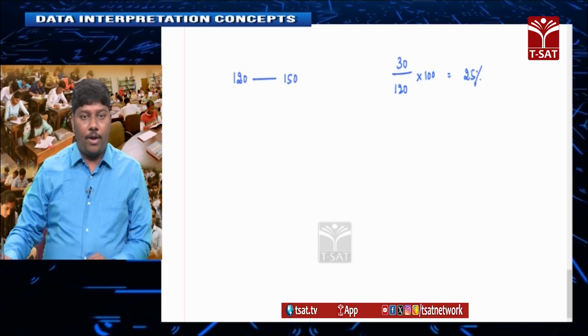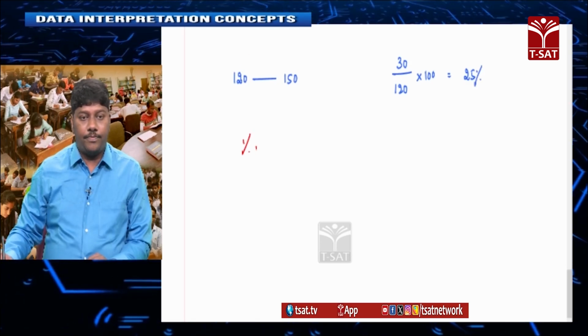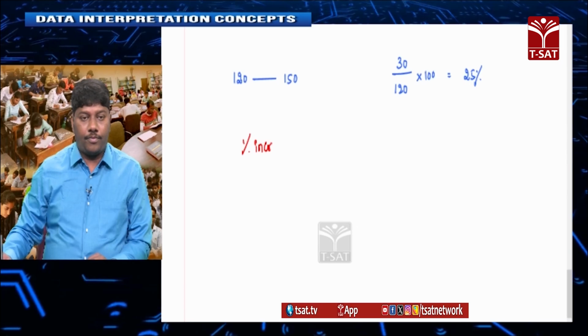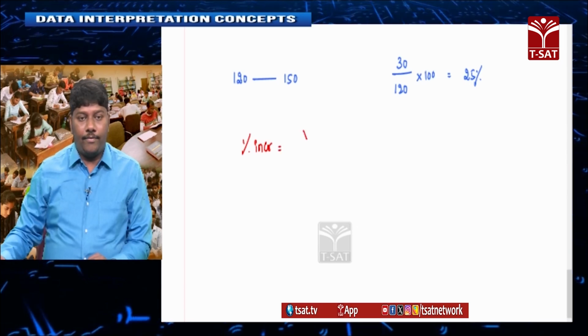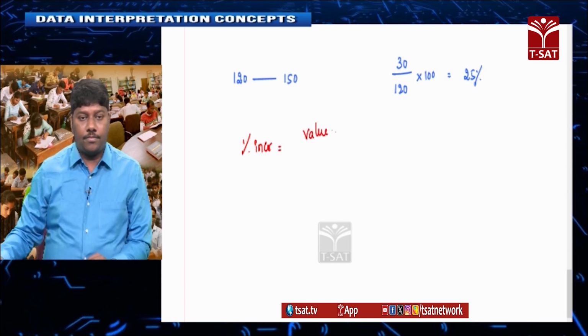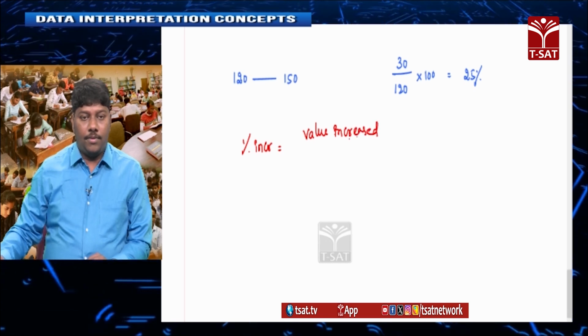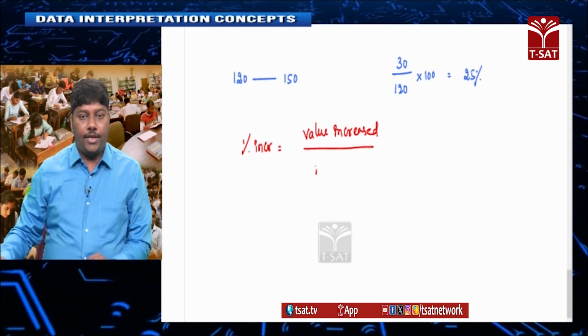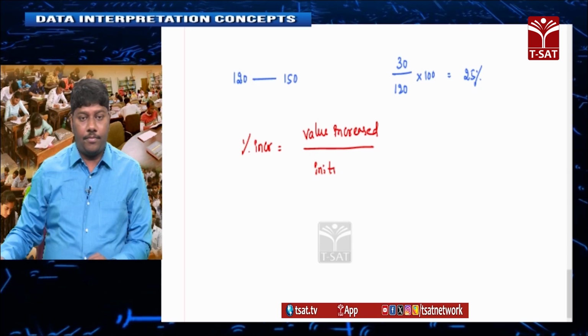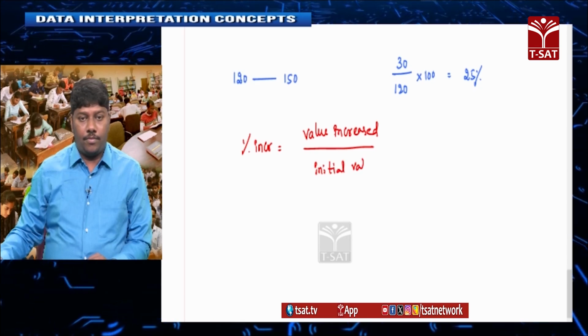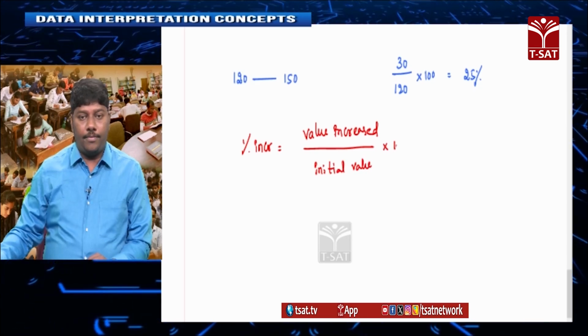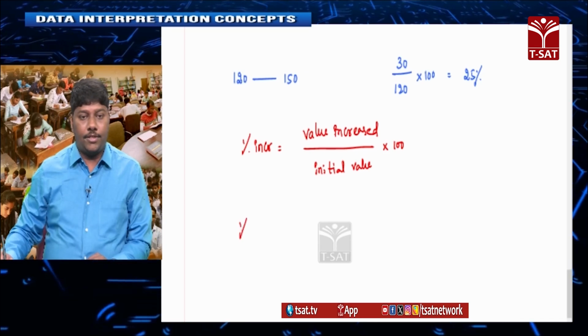So the normal formula for percentage increase: numerator you take value increased, by initial value, into 100. This is the formula for percentage increase.